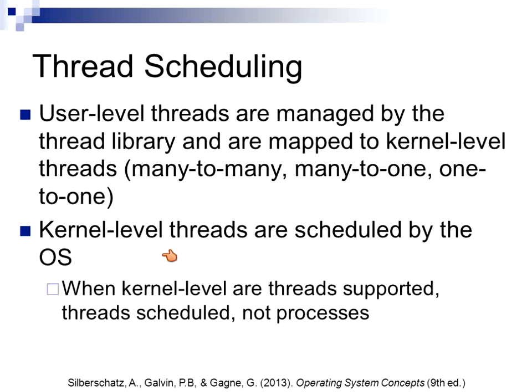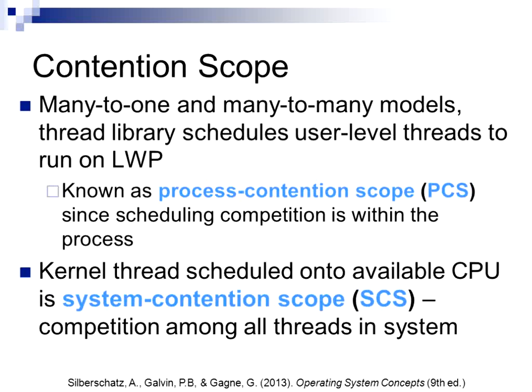When we have this kind of situation where user threads are being mapped to kernel threads, there are a couple of things that can happen. In your one-to-one and many-to-many models, where many user threads are mapped to one kernel thread, or many user threads are mapped to many kernel threads, the thread library usually takes care of scheduling the user level threads.